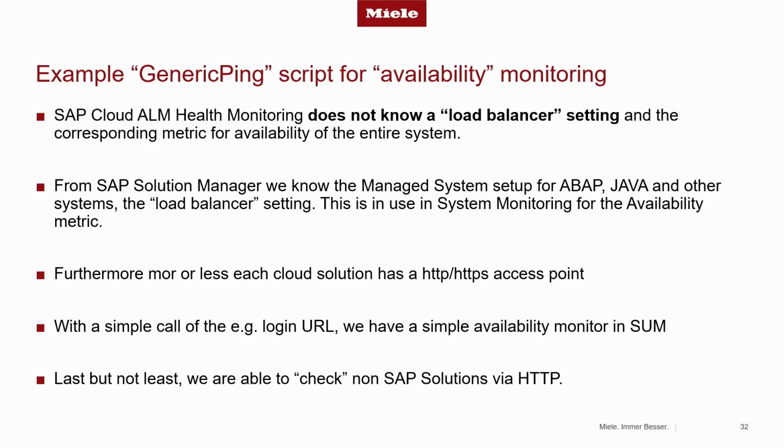So when you have a system configured in Solution Manager, the availability monitoring will be covered by the load balancer setting in the managed system setup. It's technical stuff, but I think the person who is dealing with system monitoring knows what I'm talking about. But this availability monitoring is not available while you have now managed system configuration in Cloud ALM.